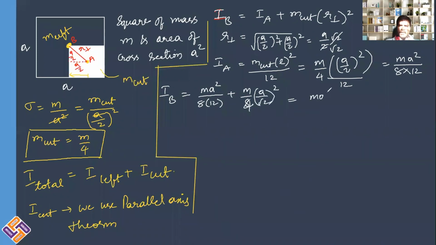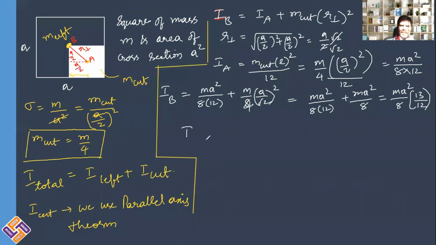This is m a square divided by 8 into 12 plus m a square divided by 4 into 2, which is 8. This is equal to m a square divided by 8. You can take it common: 1 by 12 plus 1, this will be 13 divided by 12. That is the moment of inertia with respect to B.